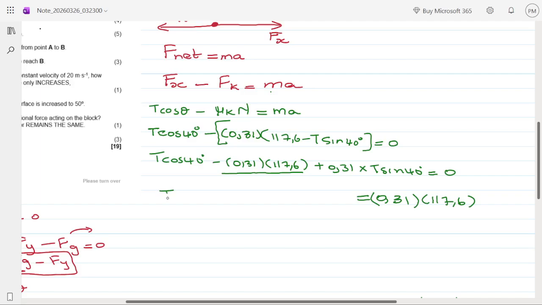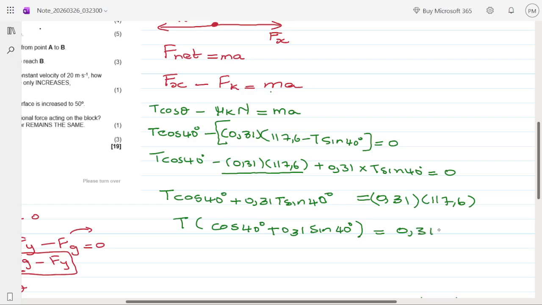This side I still have T cos 40 degrees plus 0.31 T sine 40. Let's take T out as a common factor. Then I'll have cos 40 degrees plus 0.31 sine 40.